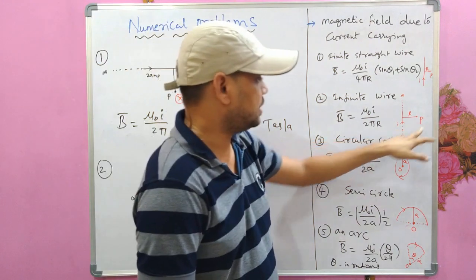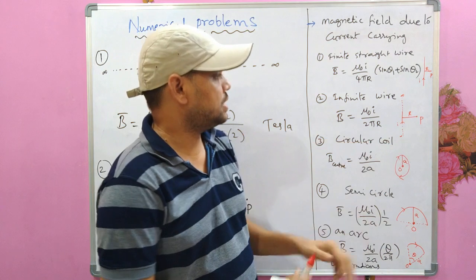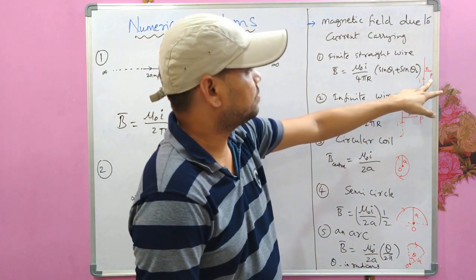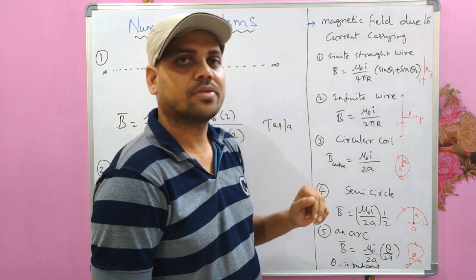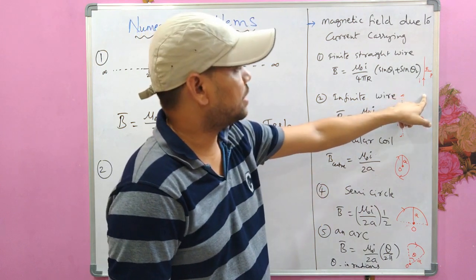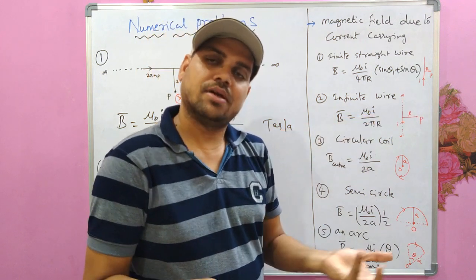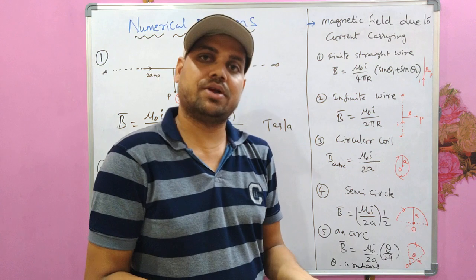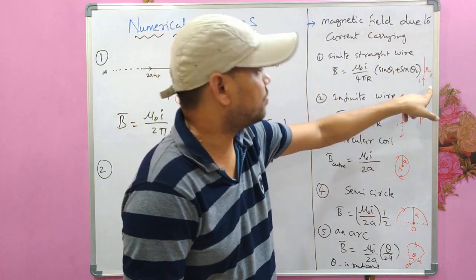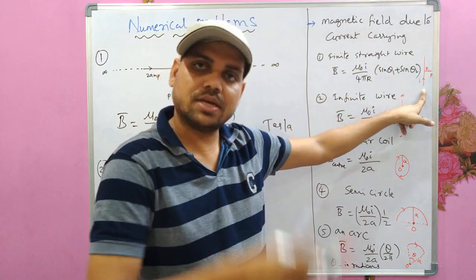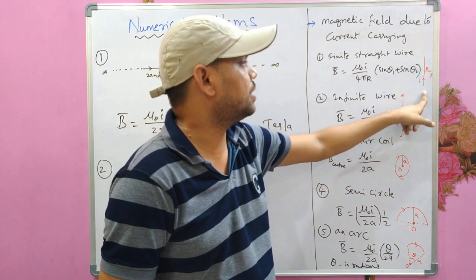For example, this P is here. If P is here, actually if you observe this, if P is here, both theta 1 and theta 2 will be, one will be 0 and the other one will be 180 degrees, because P is on the line of it, along the current carrying wire, in the direction of current carrying wire P.